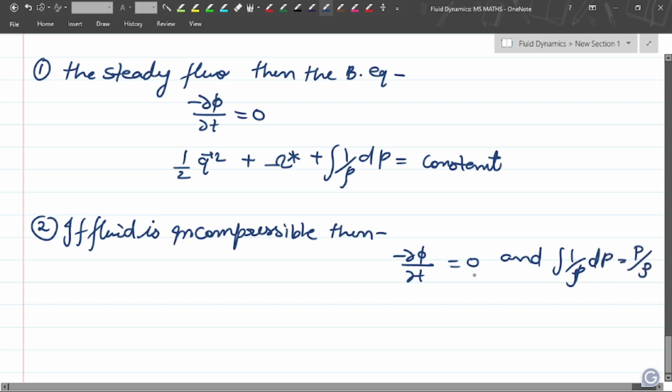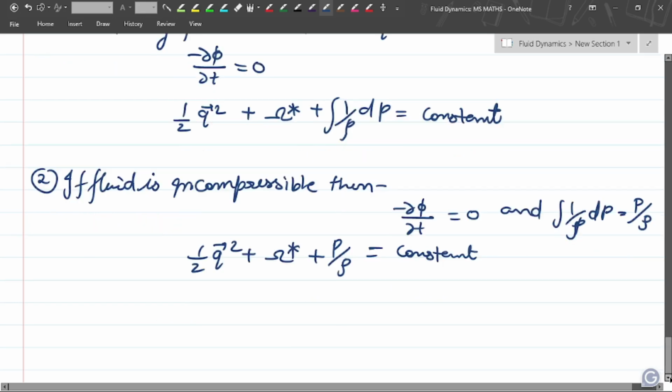So this will be 1 by 2 q vector square plus omega star plus p upon rho is equal to constant.